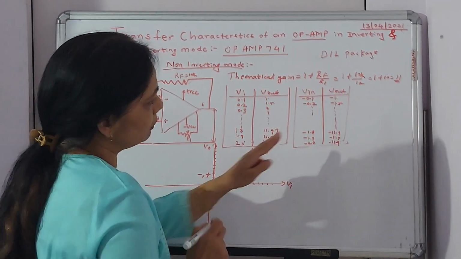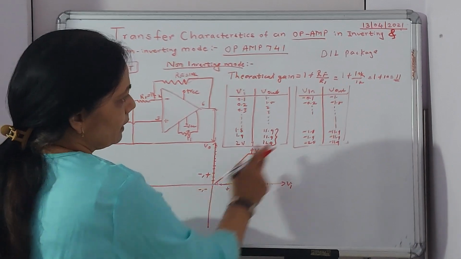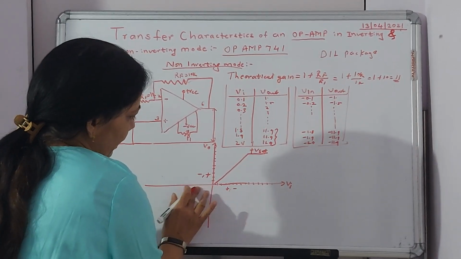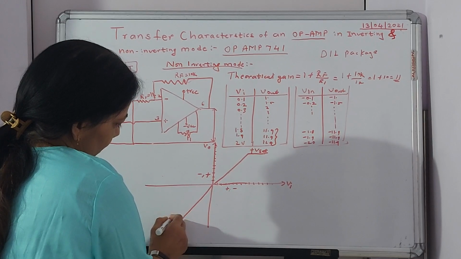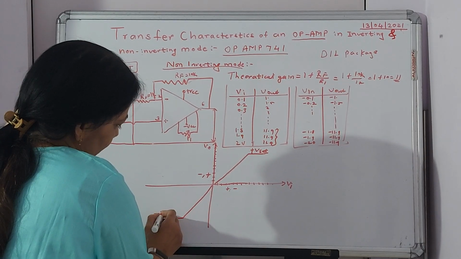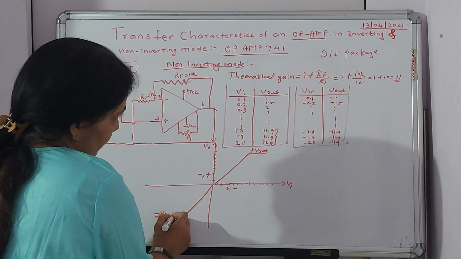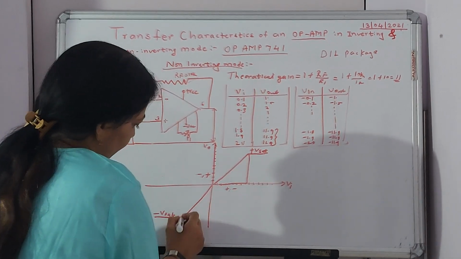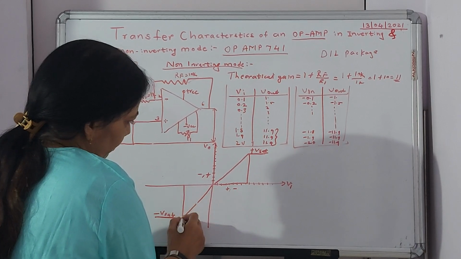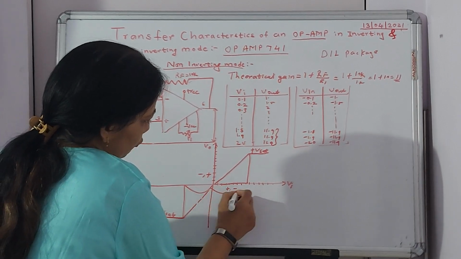Now this is minus minus. So I'll come over here and my graph will be like this. And later it will become steady. So this is my Vsat minus. Fine. So this is the important point, and over here this is the important point. And this part will give me the range.